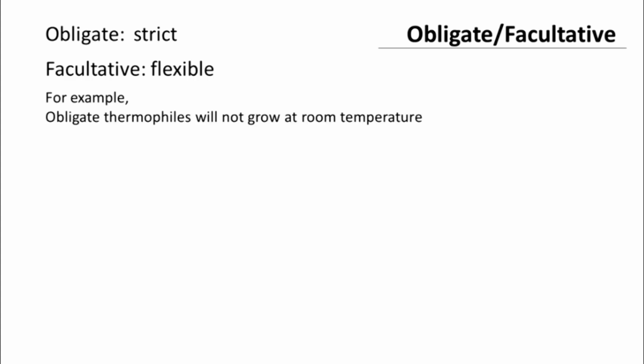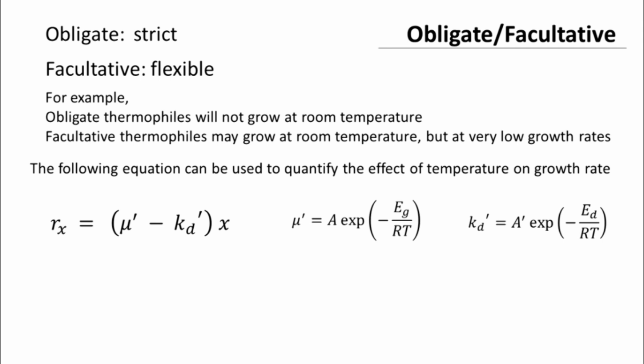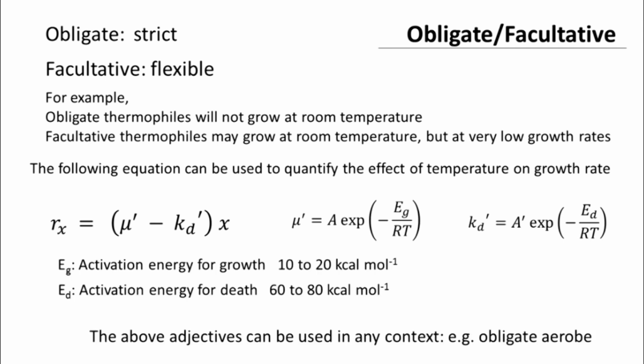Then we also saw the adjectives obligate and facultative, that can be used in many different contexts, including temperature dependence. Obligate means strict, facultative means flexible. Then we saw a mathematical representation of the effect of temperature.